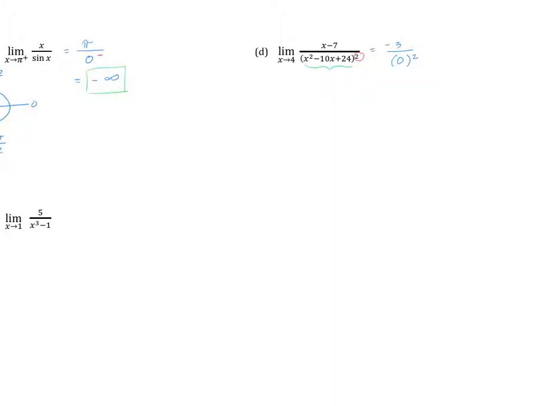So because I have an even exponent, it doesn't matter if I come in from the left or the right, this is always going to be equal to a negative over a positive, which would just give me negative infinity. So that would be a special case where you don't have to come in from the left and the right.